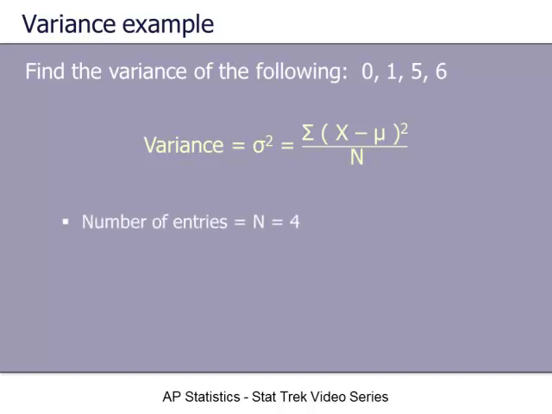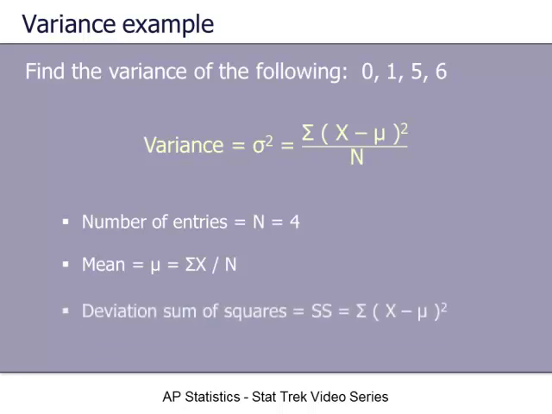Next, we need to compute the mean, which we learned to do in the last lesson. The mean is equal to the sum of values divided by the number of values. And finally, we need to compute the deviation sum of squares, which is the numerator of the variance formula. So, before we can calculate the variance, we need to compute the mean and the deviation sum of squares. So let's do that.